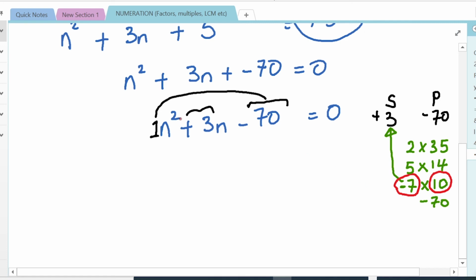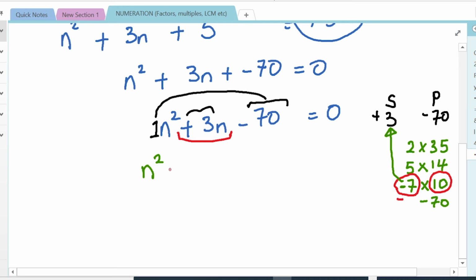So we get those answers and we are going to use them to replace the middle part. So this is going to instead become like this. It becomes n squared. Then the middle part, which is plus 3n, is going to be substituted by our roots, these ones here.